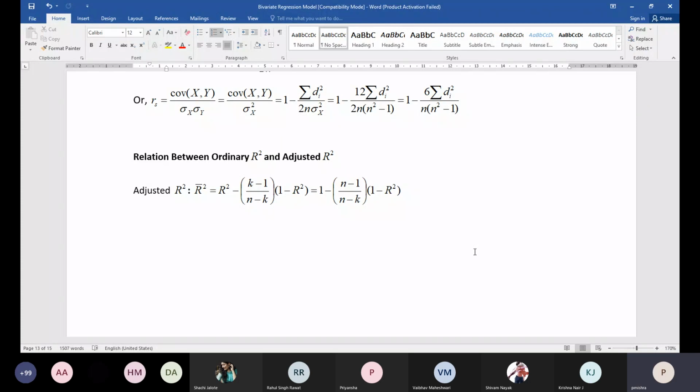But the moment we switch over from the bivariate regression model to the multiple regression model, the selection of the exact set of independent variables would be very, very important. And that should be guided by the underlying theories, as I have been telling from the very beginning of this course.